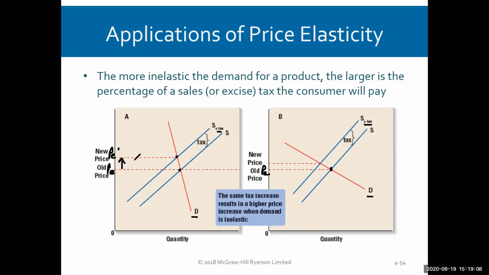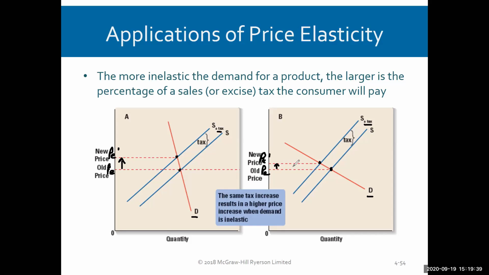Let's go to the other one, and we see we've got the same shift in supply because of the same increase in tax, and then we just do our analysis and find where demand and supply intersect, find the new equilibrium price that consumers will pay for this product, and we see that price has only gone up a little compared to the jump in tax. And it's because consumers shifted away from buying this particular product because of their elastic demand.